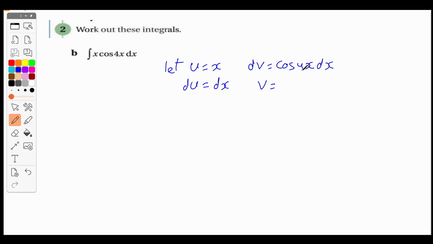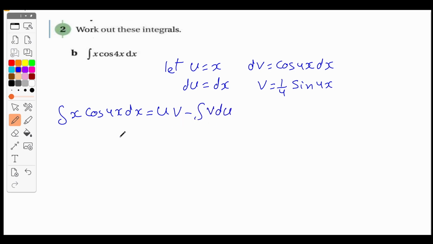The integral of cosine is what? Sine, but you need to divide by 4. So it will be quarter sine 4x.